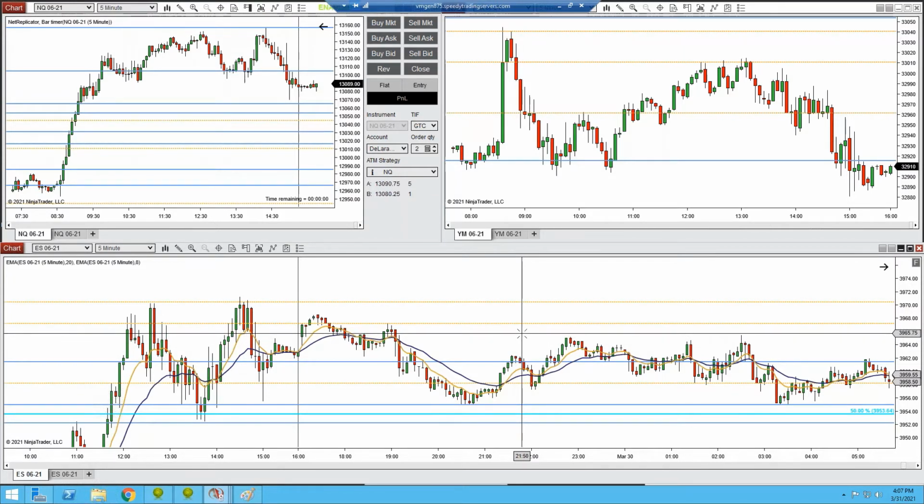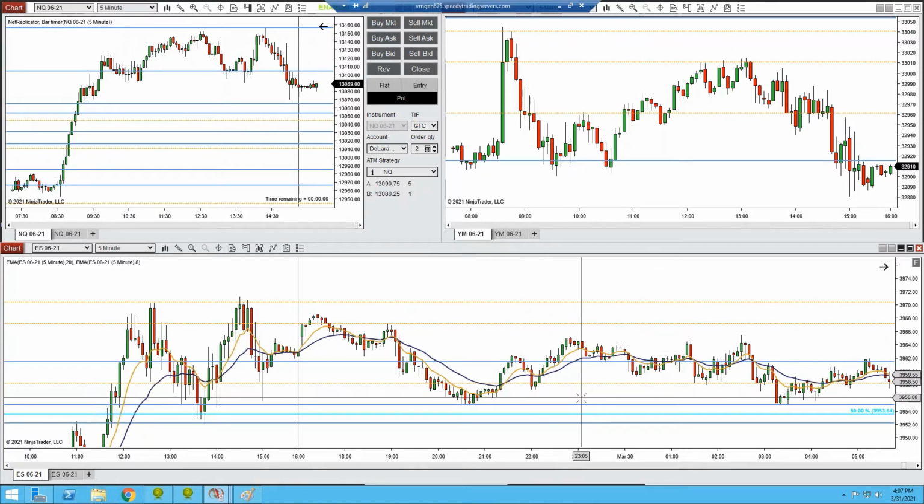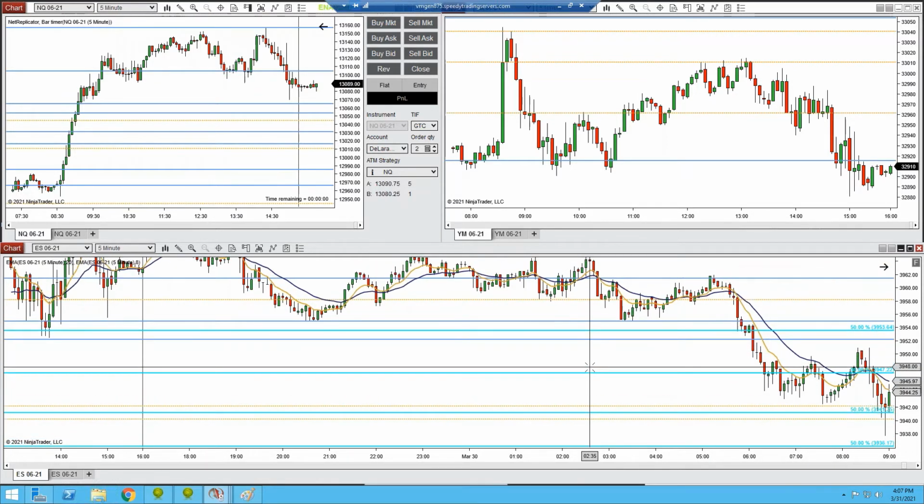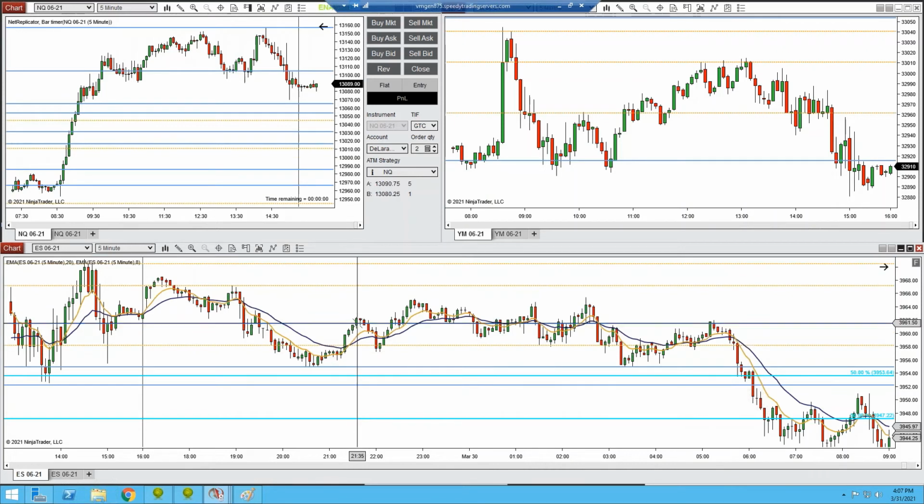So maybe 4 or 5 points, and you're losing 6 points at least, even more on the way down, just because you're taking that long on a cross. You don't really see anything off prediction points in here that tells you, yeah, I want to take that trade.